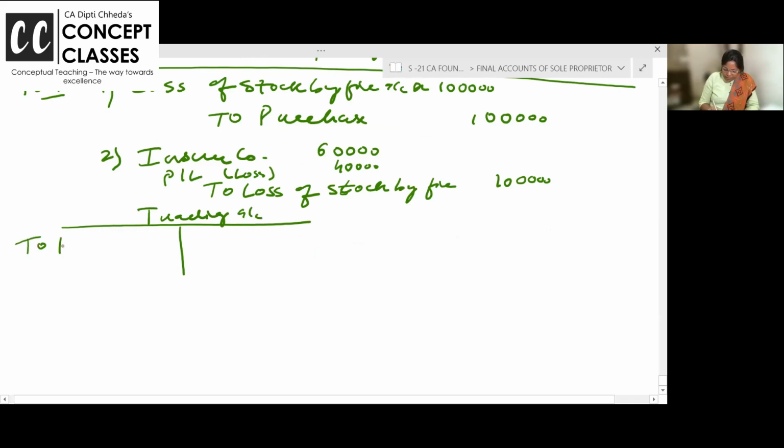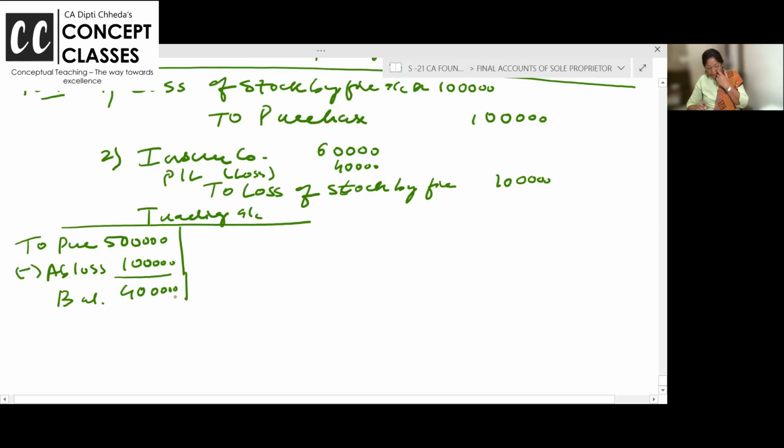Trading account: to purchases, 5 lakh minus abnormal loss, 1 lakh, four lakh. Purchase 5 lakh, minus 1 lakh abnormal loss, so the balance is 4 lakh. Is it clear to all of you? From purchases, the full 1 lakh you will reduce.